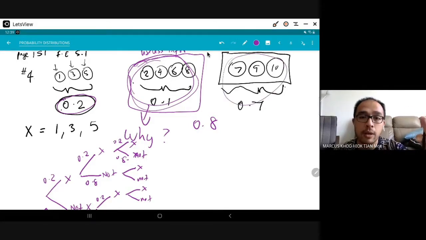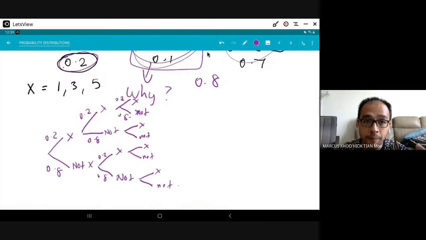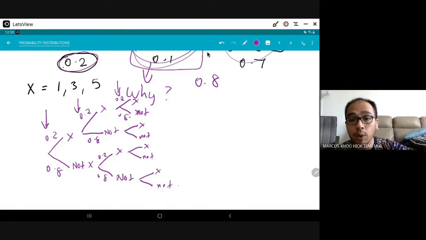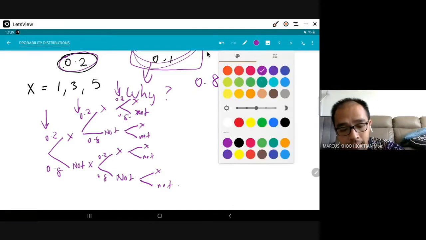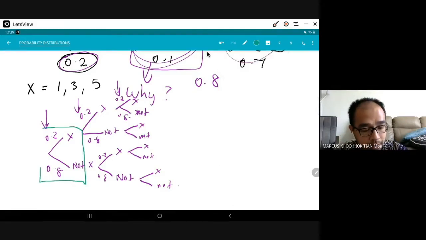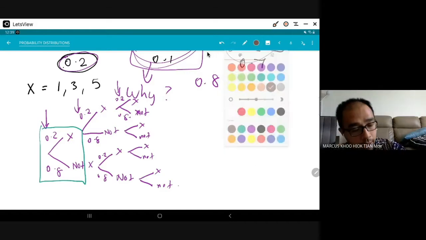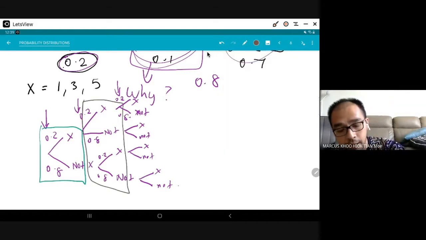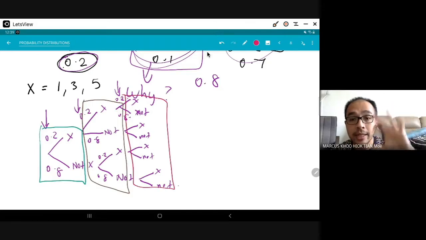Okay, but what I want to do is, I want to connect this situation with our lesson today. Now, if you notice that each time dia mengambil satu bola kan, dia meletakkan bola itu balik. Okay, that means this set of kejadian and this set of kejadian dia tidak bergantung kepada kejadian sebelum ini, sebab dia punya kebarangkalian is always the same.